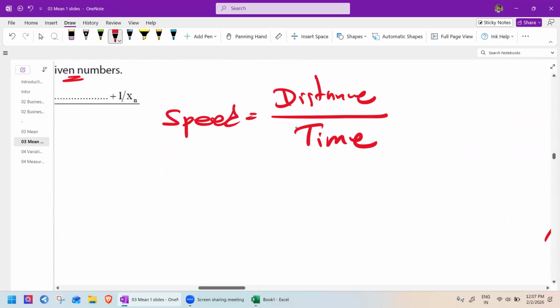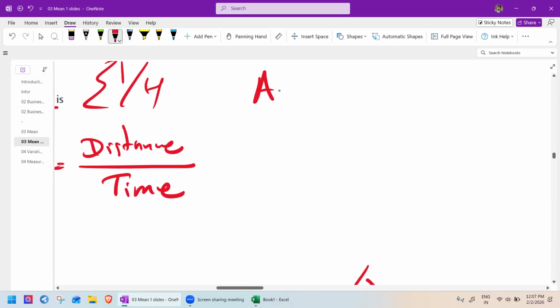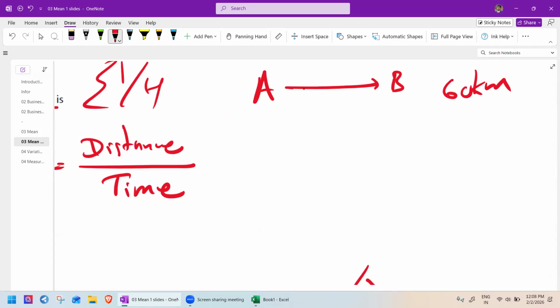This is the formula to find the speed. For example, in this case, point A to point B, assume it's 60 kilometers. The distance is 60 kilometers. If he travels 20 kilometers per hour, how long does it take?